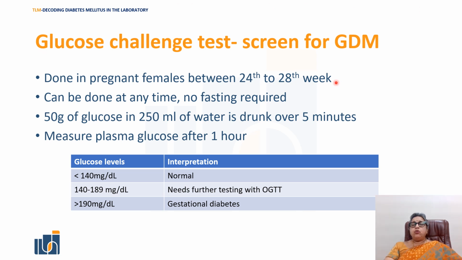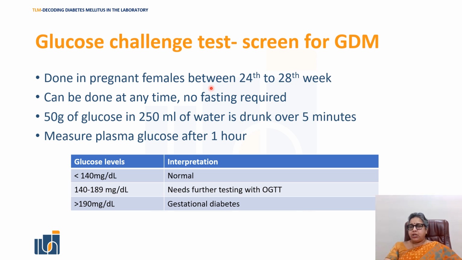Now, can you do a glucose challenge test, which is like a screening test for gestational diabetes mellitus? This is done in pregnant females between the 24th to 28th week of pregnancy. The advantage of doing this is it's a single sample. You don't have to be in a fasting condition because that is difficult for the pregnant woman.